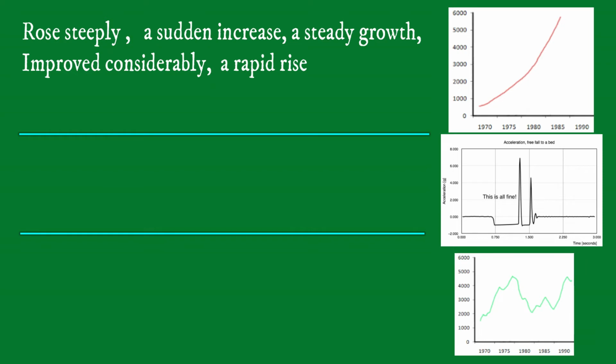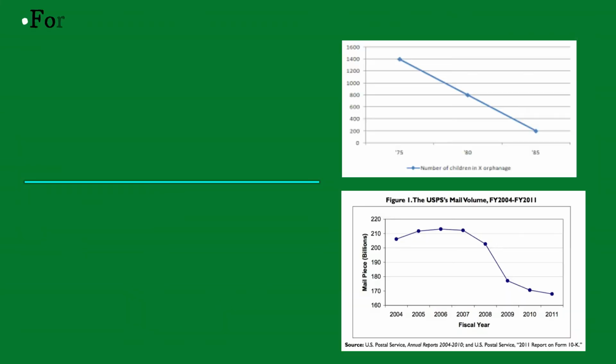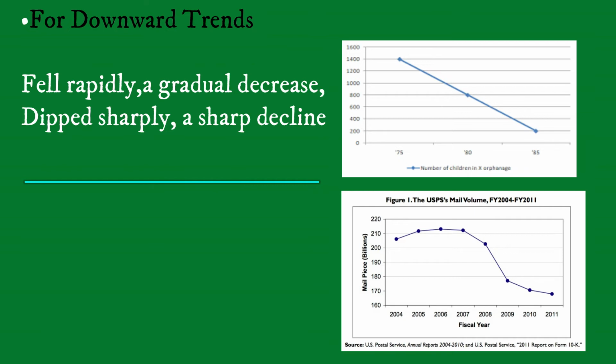For this graph, you can use jump suddenly or a sharp increase. For the graph given, you can write fluctuated slightly or a slight fluctuation. If there is a downward trend, you can use fell rapidly or a gradual decrease, drop dramatically or a steep drop, dip sharply or a sharp decline.